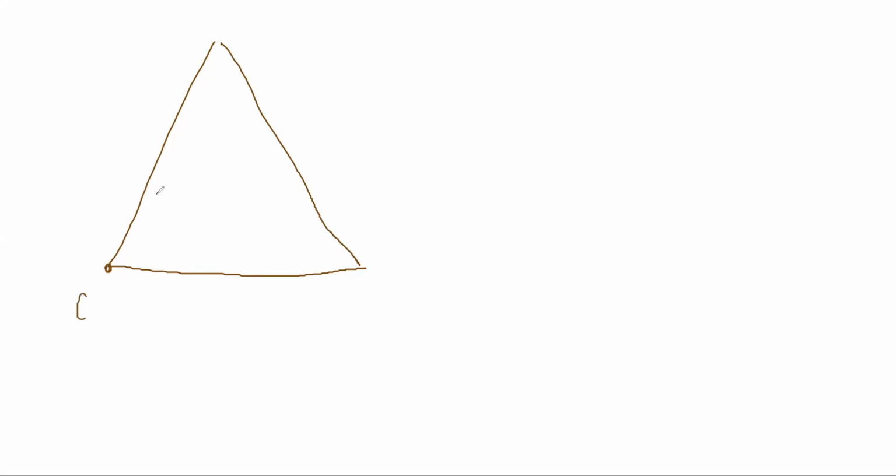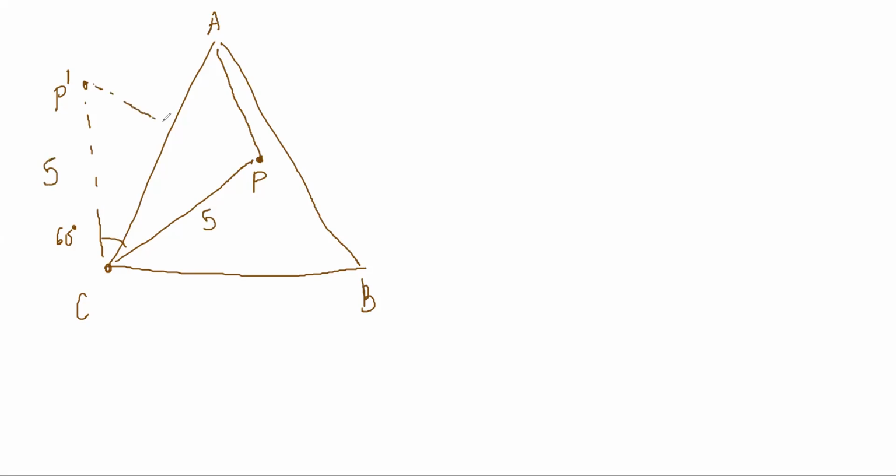This is my C, this is my A, this is my B, and P was from A it was 3 and from C it was 5. P was here and then you rotated it to P dash, right? This is my new situation, and this is 60 degrees, and this was 5 and this was 5.